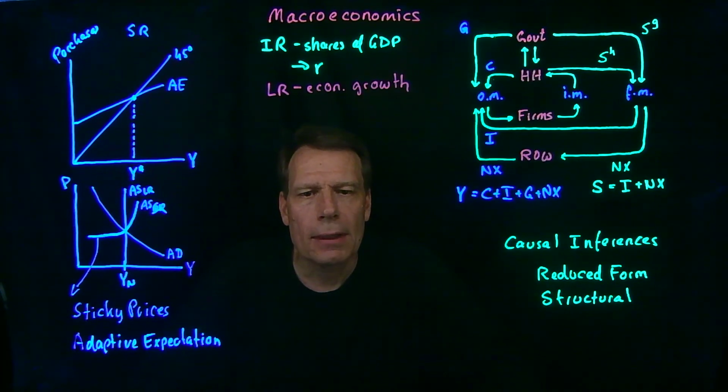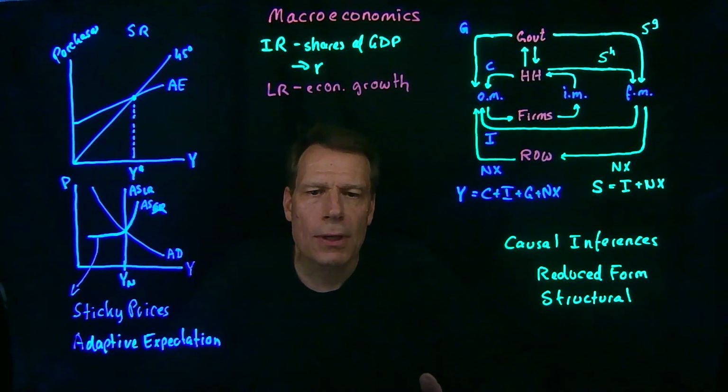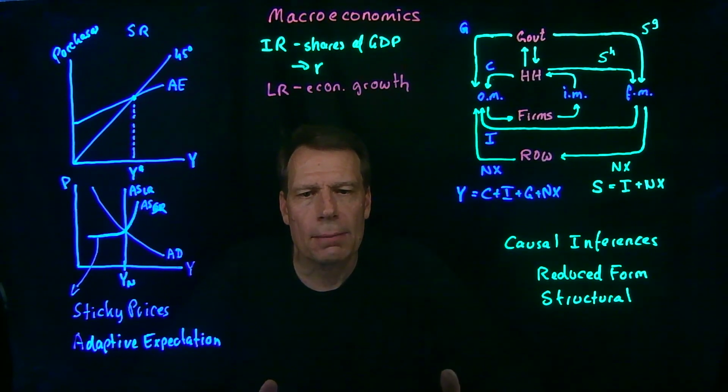What would happen in the short run, in the intermediate run, or in the long run? What would happen if we changed tax policy? What would happen if we hadn't put in a stimulus and we had just let the recession run its course? So those are the kinds of questions we can ask using the structural approach, and that is an approach that is oftentimes used in macroeconomics.